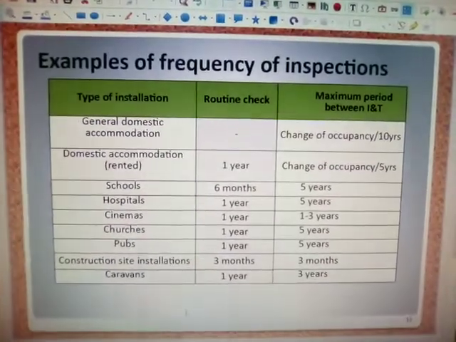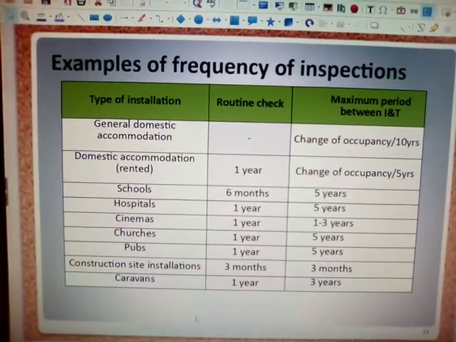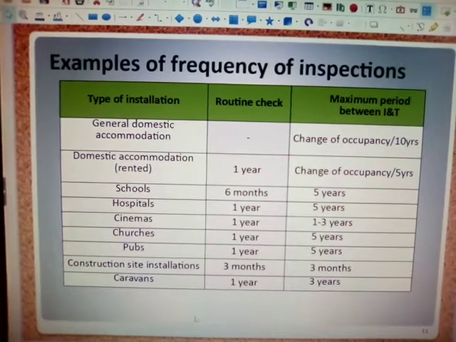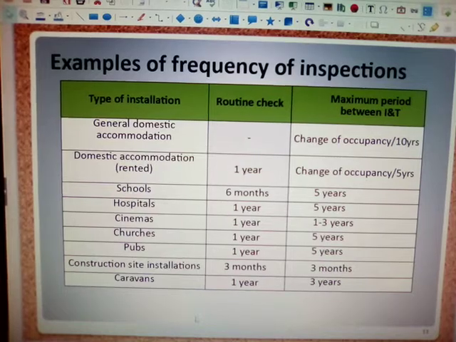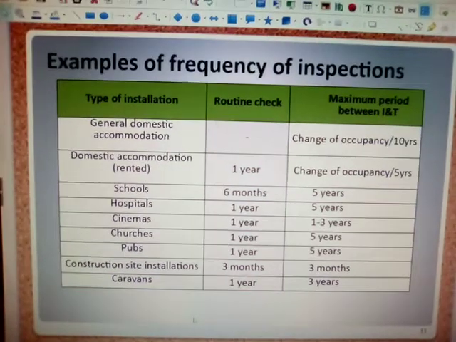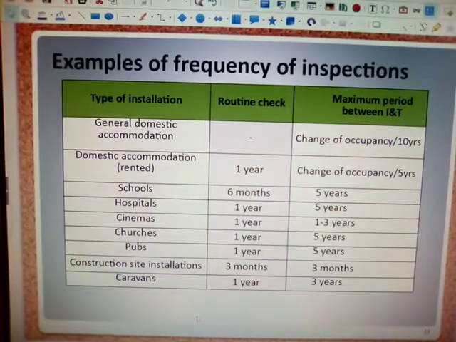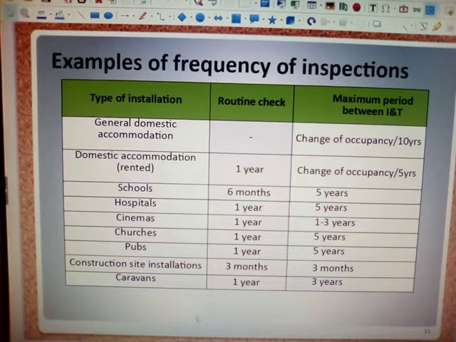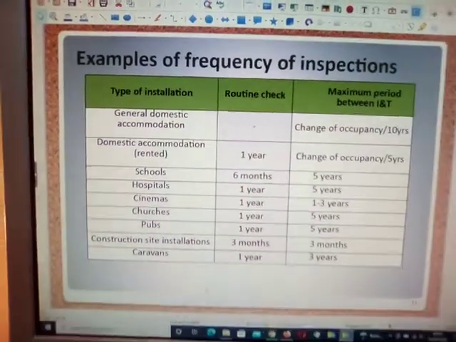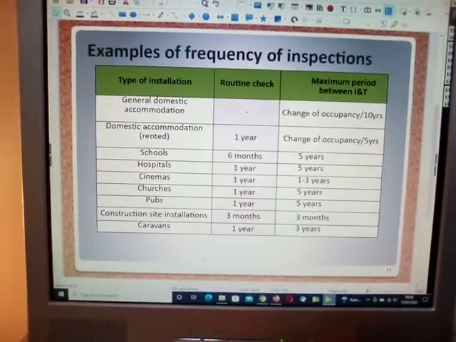And here we have the outline as to what those examples of frequency of inspections can be and are required for. And these are for you to be familiar with.